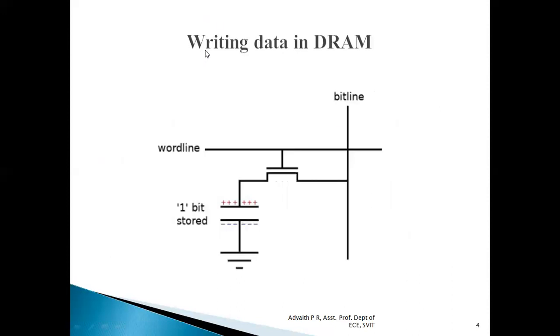Let us first consider how the data is written in dynamic random access memory. For that, let me consider this circuit diagram. Here, we have used the same two circuit elements which I mentioned previously, a MOSFET and a capacitor. This MOSFET is an N-channel MOSFET, which has three terminals: gate, source, and drain. The gate terminal is connected to the word line. The source terminal is connected to the bit line.